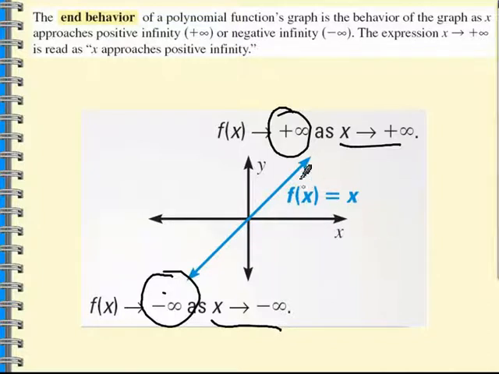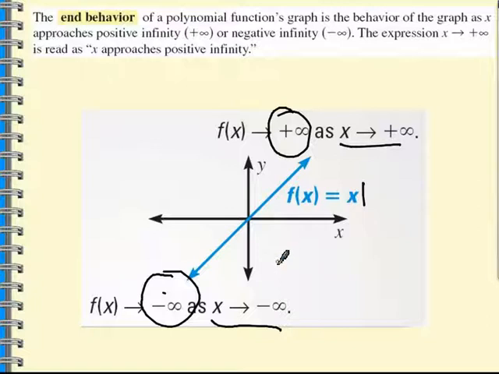For instance, f of x equals x. It's a linear function, f of x equals x. The highest exponent of x is 1, and so therefore it is an odd function. So any odd function you can relate to the end behavior of f of x equals x, a linear function.